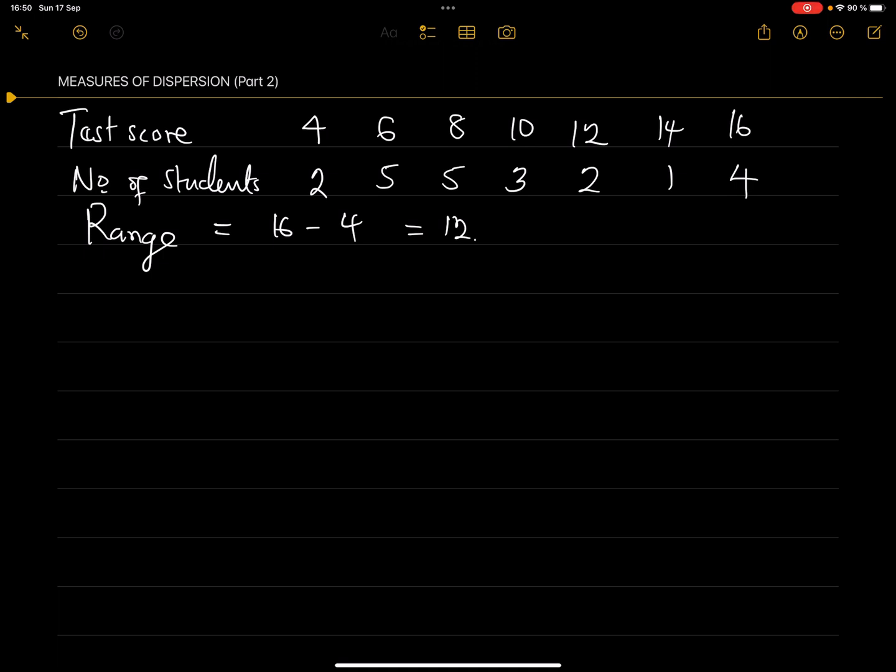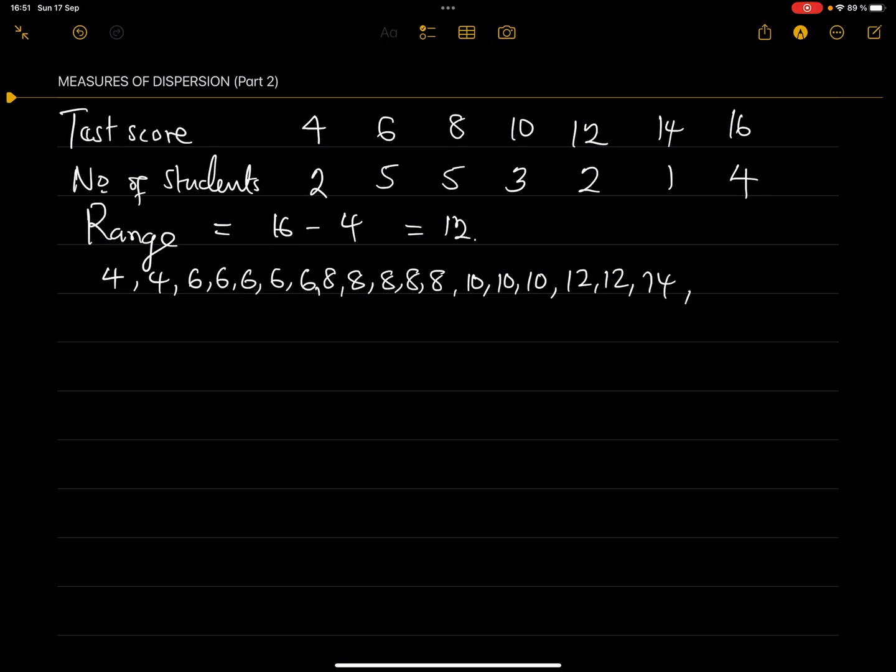For you to do that, you may need to write these test scores in full. 2 people scored 4, so we write 4 in 2 places. 5 people scored 6, so we write 6 in 5 places. 5 people scored 8, so we write 8 in 5 places. 3 people scored 10, so we write 10 in 3 places. 2 people scored 12, so we have 12 in 2 places.